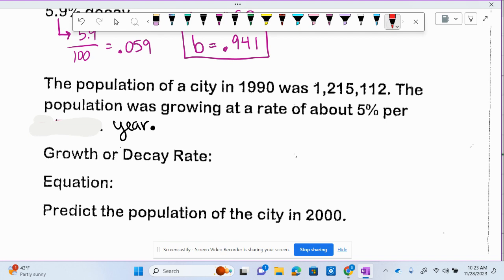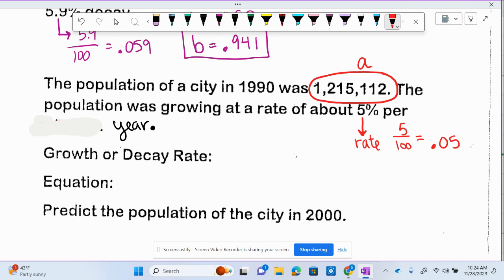So let's identify some things we know. What is this value right here? The initial value, that's your A. What is this 5%? That's your rate. I need to turn it into a decimal. So 5 divided by 100 equals 0.05.